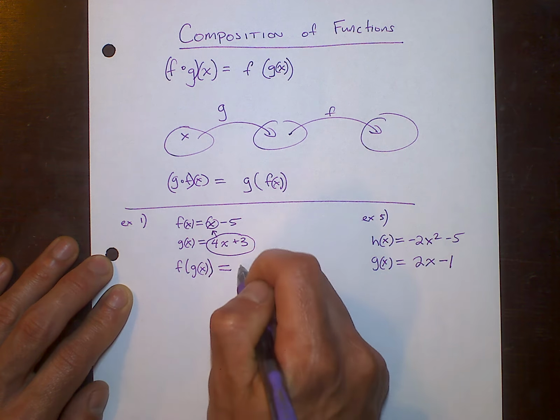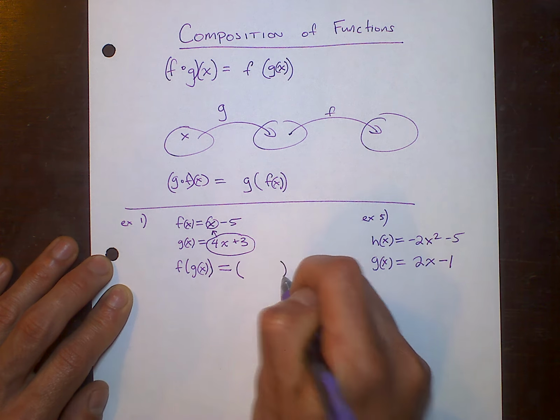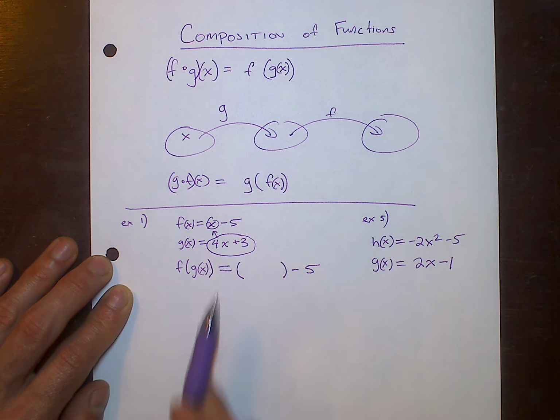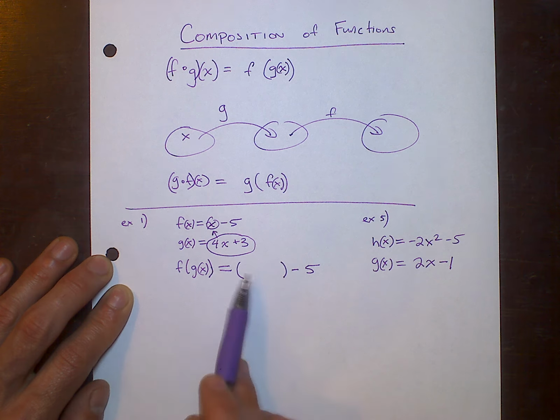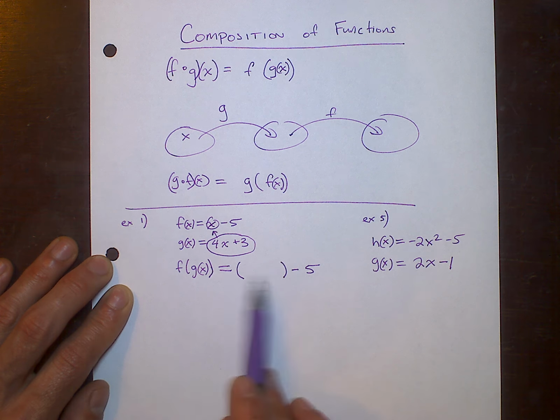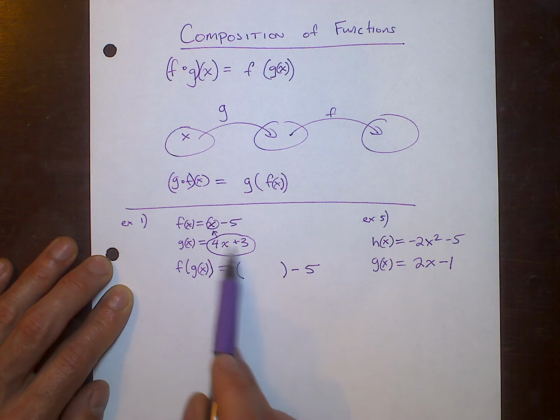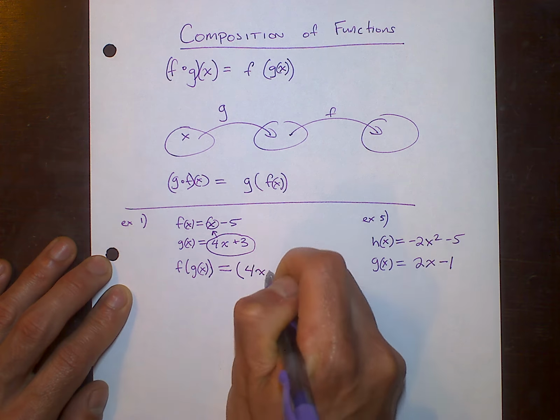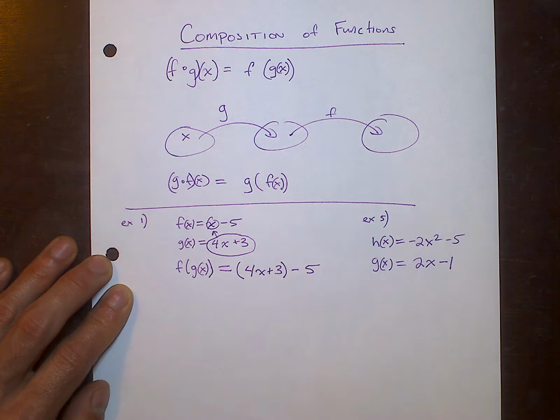So the f function is x minus 5. I'm writing that function, but I'm not writing the x. I take out the input, the x, and I leave a space held with parentheses. Then I place the g function inside of the outside function.